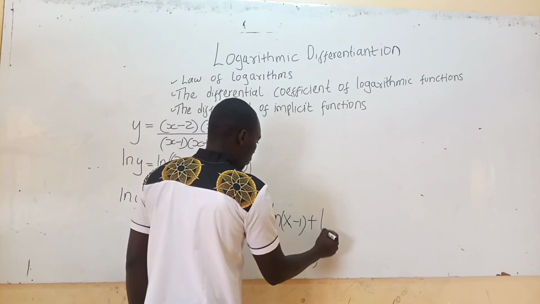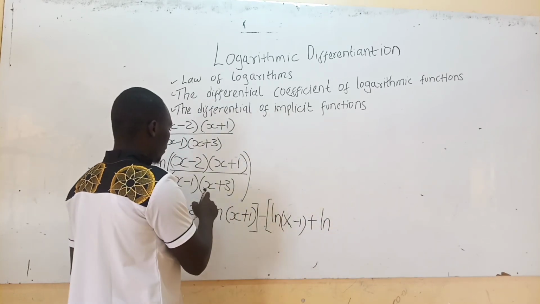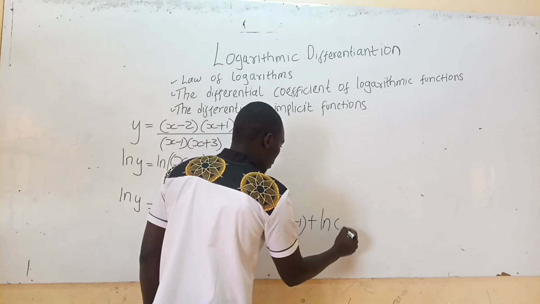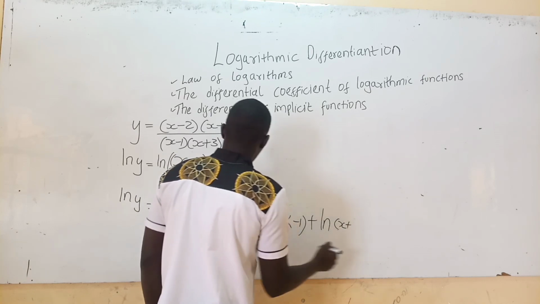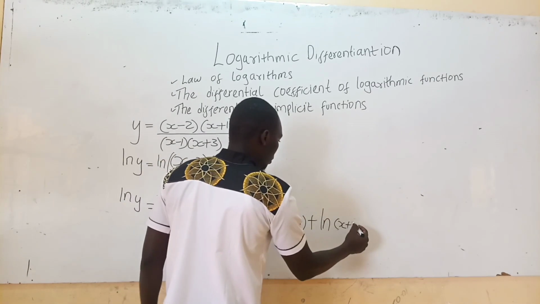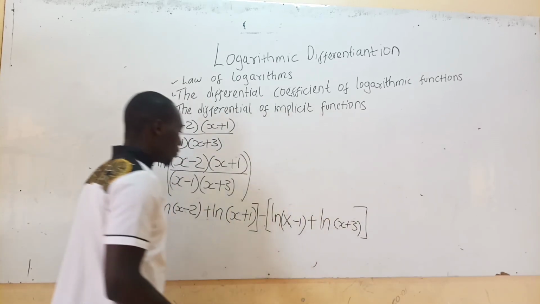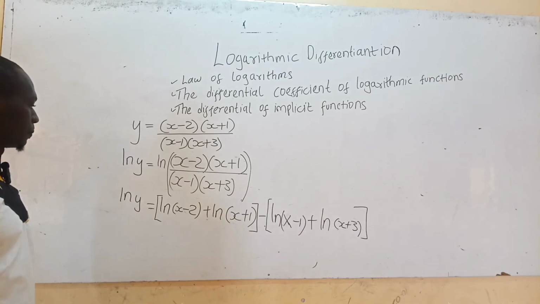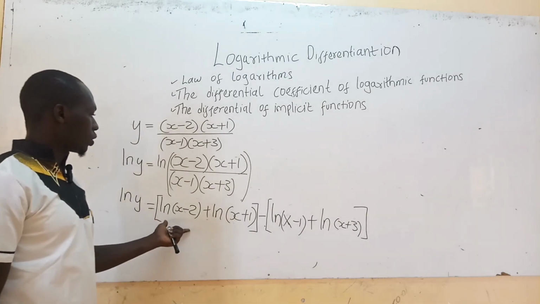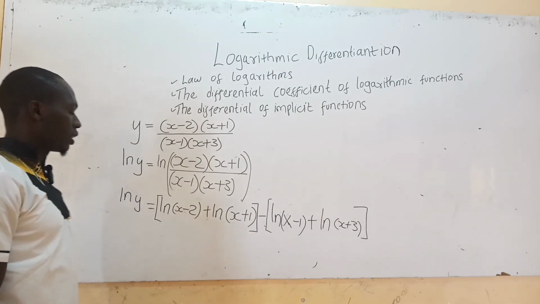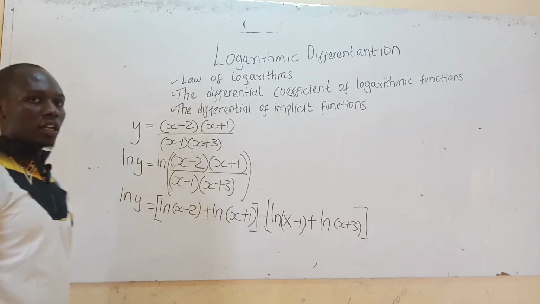We add to the natural log of x, we add to 3.